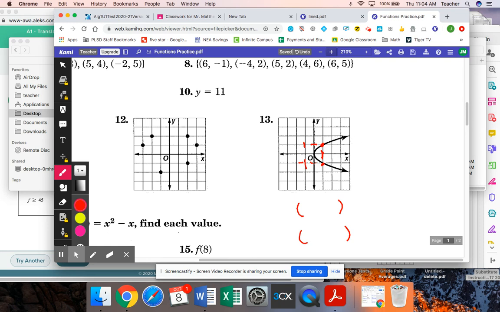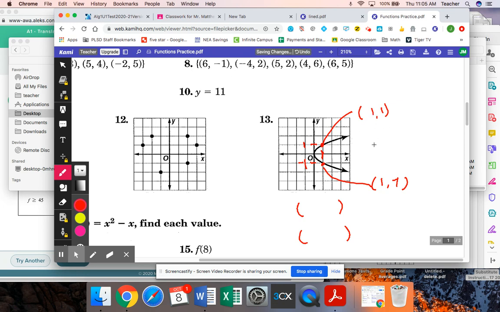This is -1 on the y, this is 1 on the y, this is 1 on the x. Notice that I have two different values here, one here, one here. This point right here is going to be 1, 1. This point right here is going to be 1, -1.